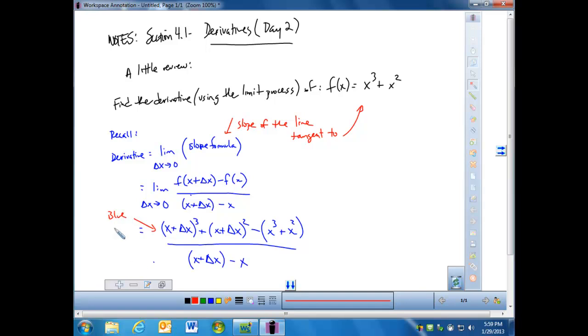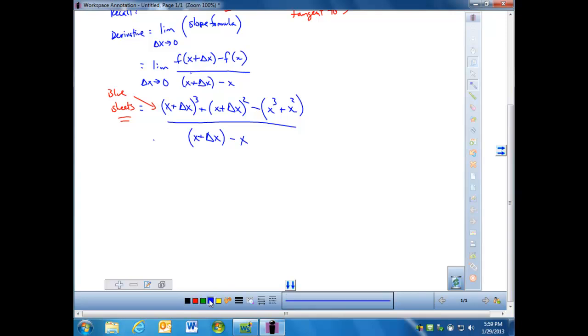So what is x plus delta x to the third power when we expand it? According to my blue sheets, it's x to the third plus 3x squared delta x plus 3x delta x squared plus delta x to the third. That's just my first part.